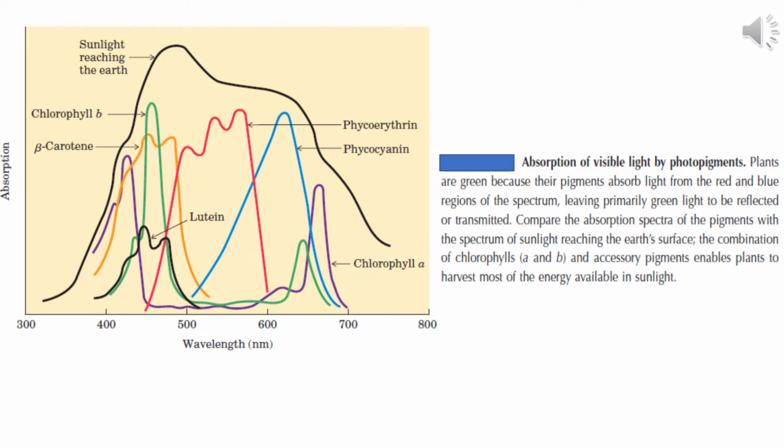That's why so many different types of pigments are present in the leaf, and this is how they are advantageous. Most of the energy of the visible part of the radiation can be absorbed. Just imagine if the energy from the green light also were absorbed by the pigments. Then what would have been the color of the leaves?